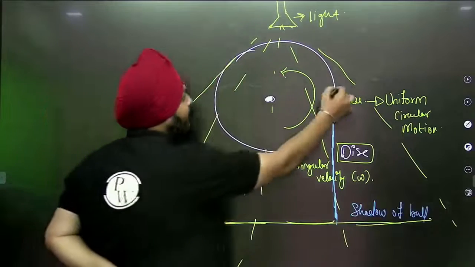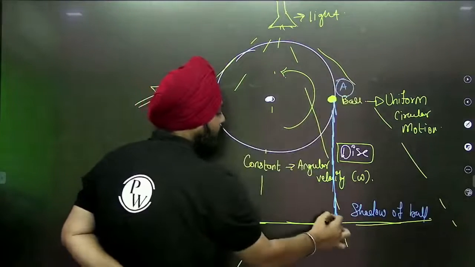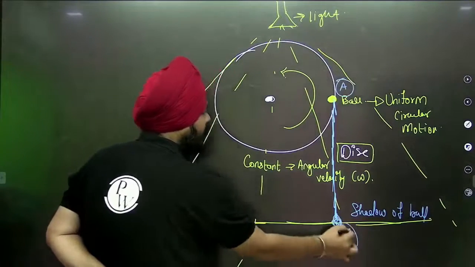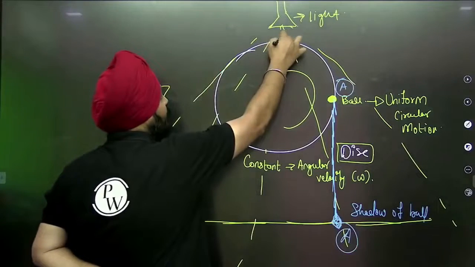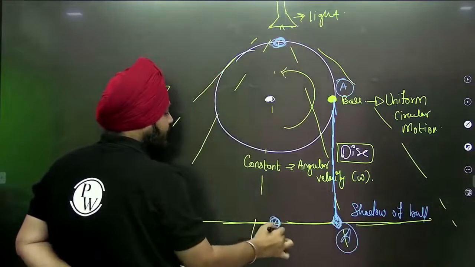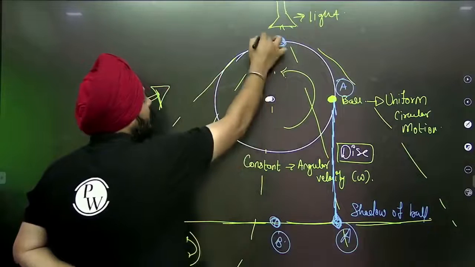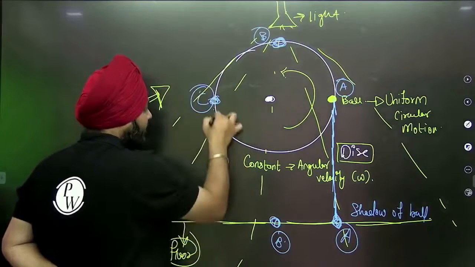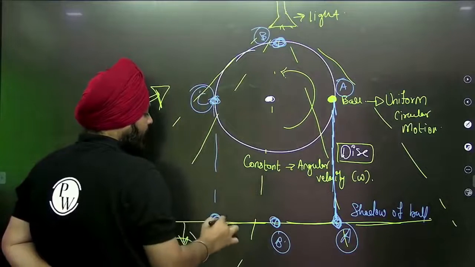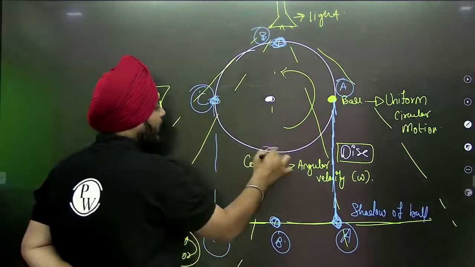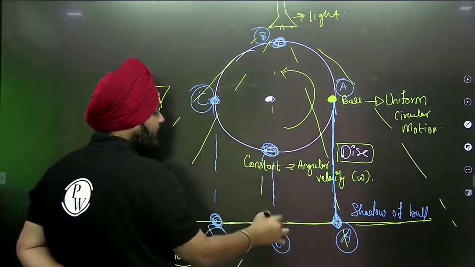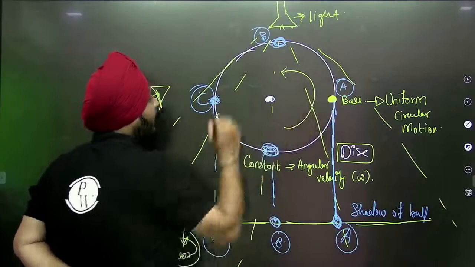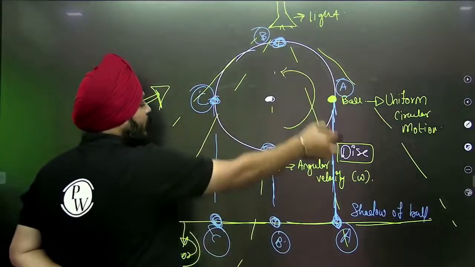If the ball is at position A, its shadow is at this position A. If the ball is at position B, the shadow is at this position B. If the ball is at position C, the shadow is at this position.